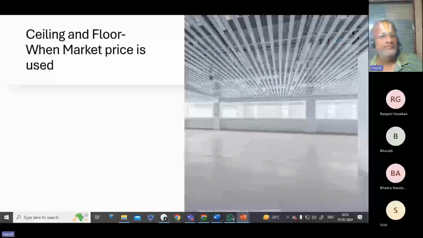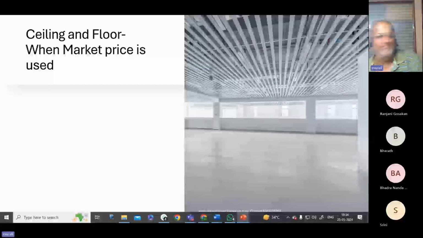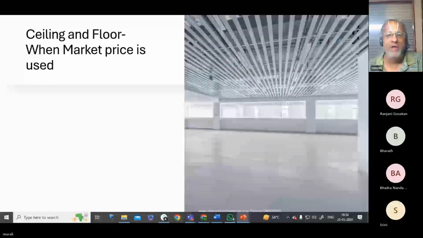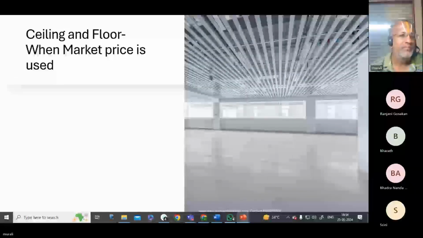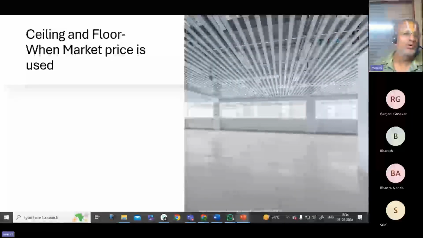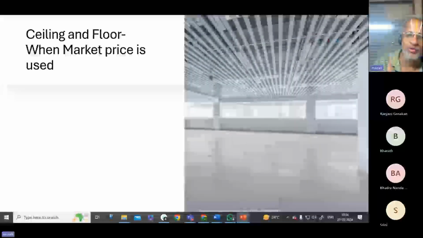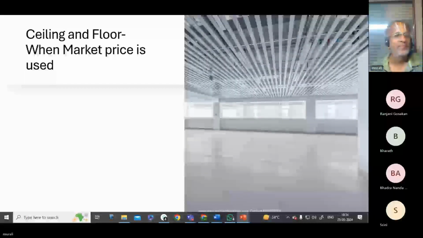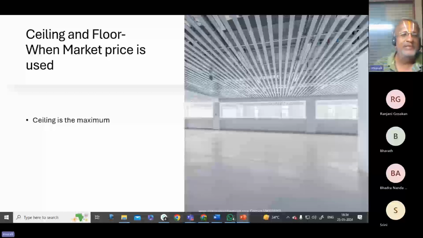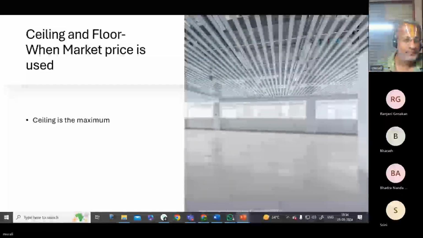Ceiling and floor when market price is used. So I hope that this particular background will also enable you to understand what that means. This particular picture is coming up there. You could see floor, you could see ceiling. What is that? Ceiling is the maximum.